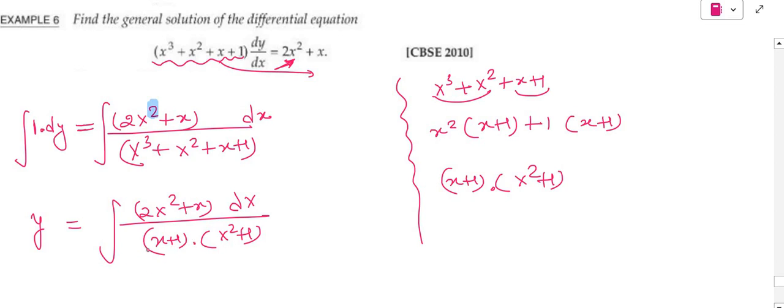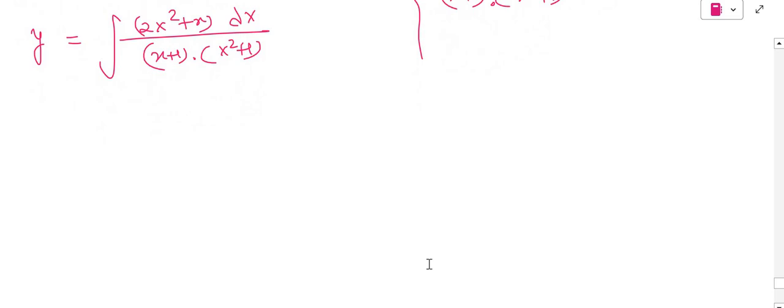Whenever there are two algebraic functions, we use the partial fraction method. Correct? So for integration, I will use the partial fraction method. Okay? This we learned in integration.